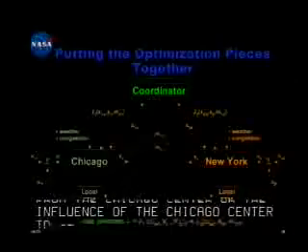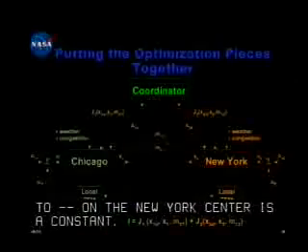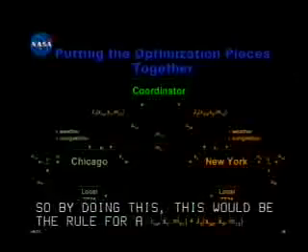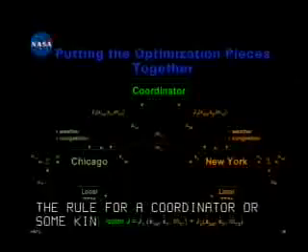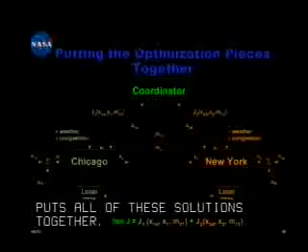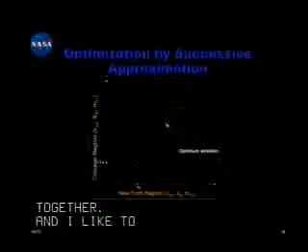So by doing this successively, and this would be the role for a coordinator or some kind of a mechanism which puts all these solutions together. And I like to illustrate that with a diagram. Can I have the next one, please?